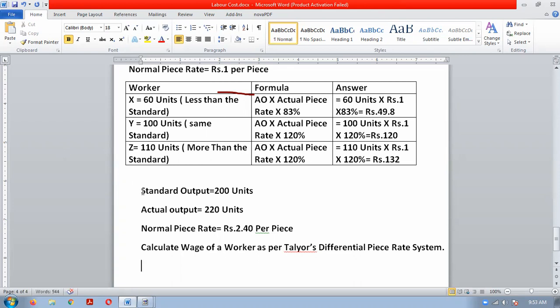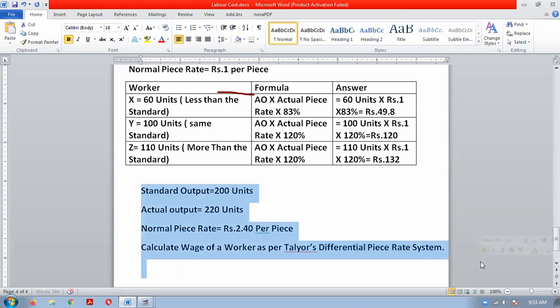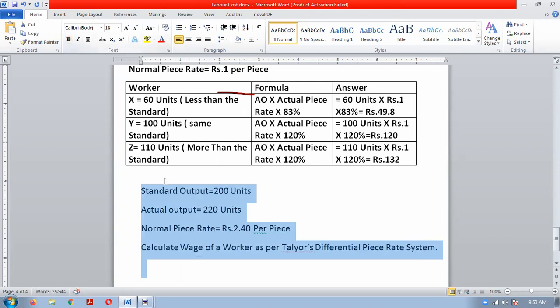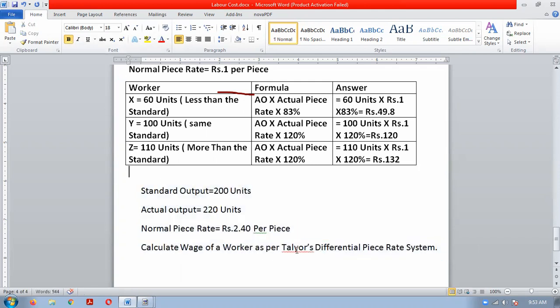Okay. So this is the data. What is required? We have to calculate the wage as per Taylor's differential piece rate system.